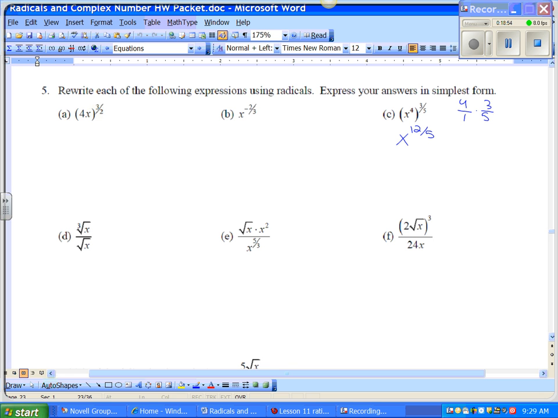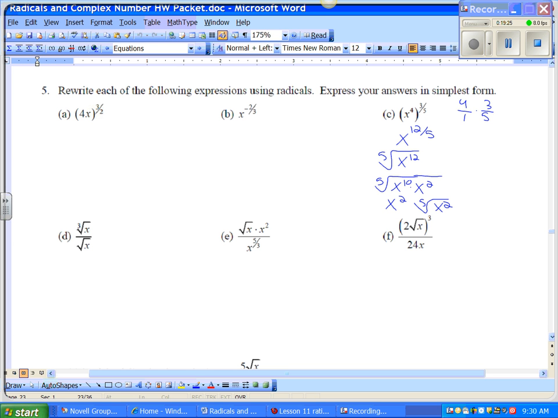Make it into a radical for me. The 5th root of x to the 12th. Got to break it down. Excellent. X to the 10th, x squared. Fifth root. Okay, good.